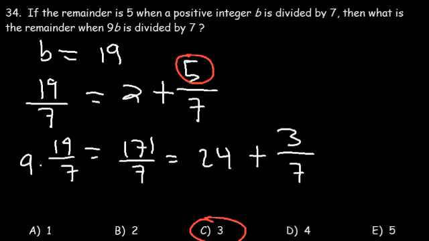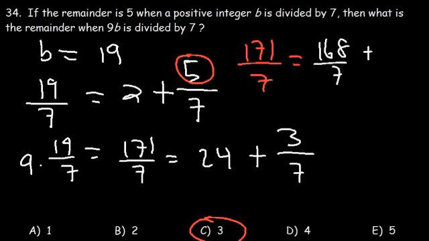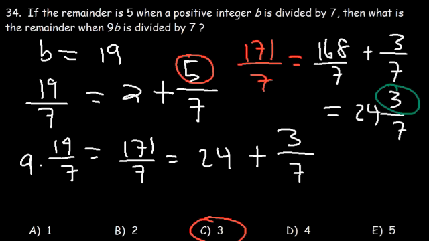So we could have rewritten this like this: 171 is basically 168 over 7 plus 3 over 7. 168 plus 3 is 171, and 168 divided by 7 is 24. So we get 24 and 3/7. Basically, you can convert this into a mixed number if you want. But as you can see, the remainder is 3. So therefore, C is the right answer for this problem.